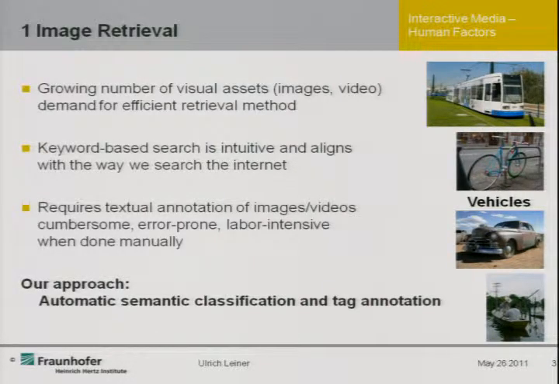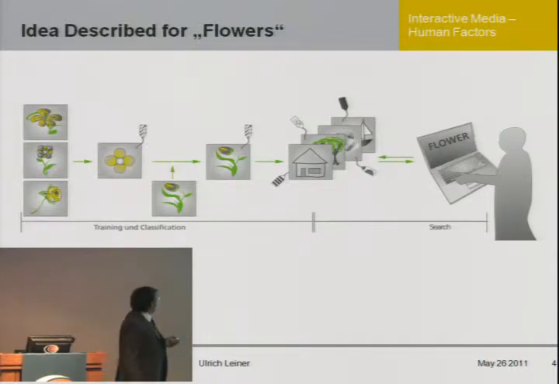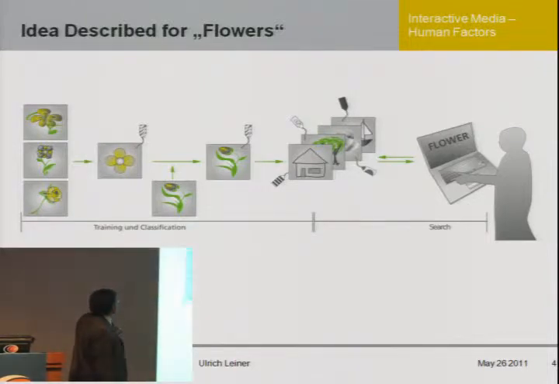Yeah, you figured it out. They have in common that they are vehicles, but how to do that for a computer? This is the example I want to give you, what can be done. Our example pattern, or example tag as we call it, is flowers.